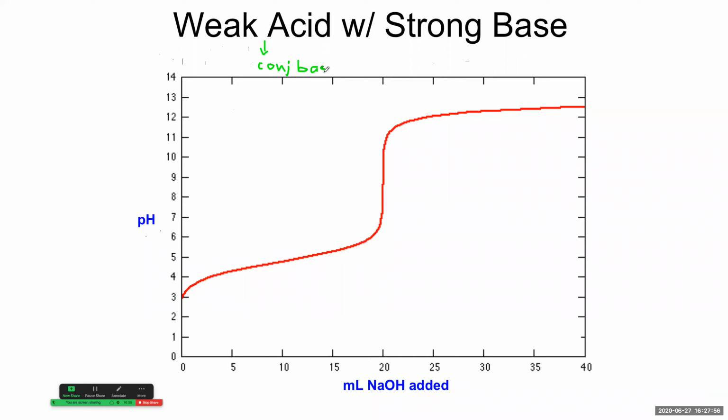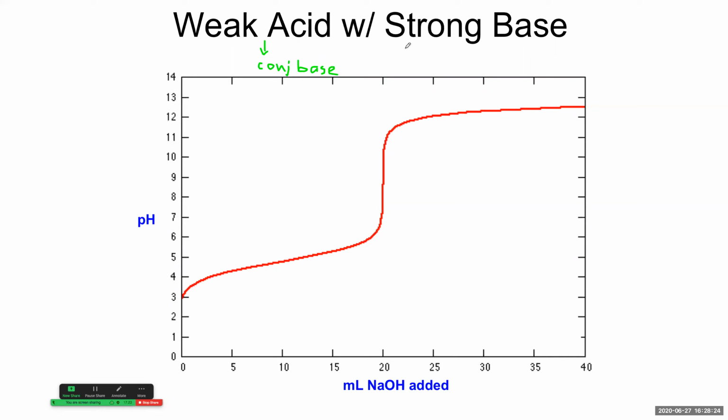So it's a conjugate base that has a pKb lower than water, or a Kb, an equilibrium constant, greater than water. Because the conjugate base of a weak acid is a stronger base than water, the pH at the endpoint is going to be a little bit above the pH of pure water.